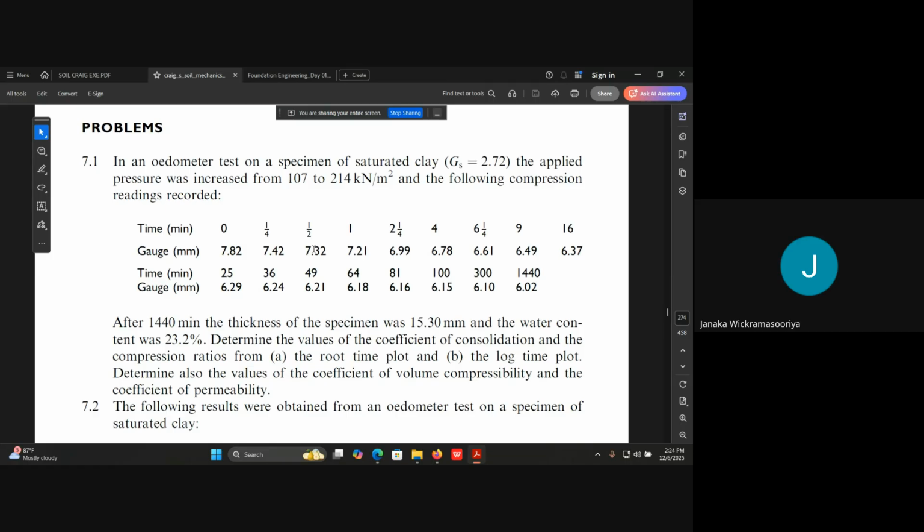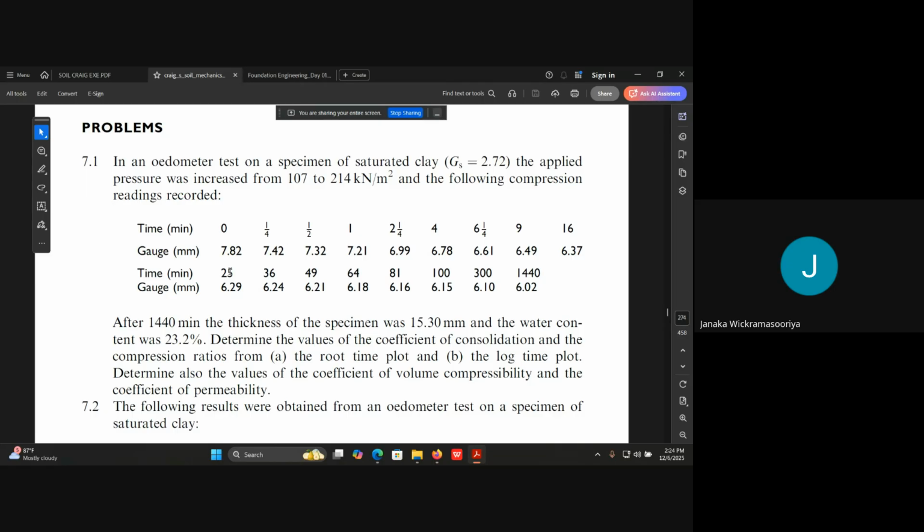So this gives the results of an oedometer test, which is used for the consolidation of a saturated clay. GS is given, and the applied pressure was increased from 107 to 214, and the following compression readings were recorded.